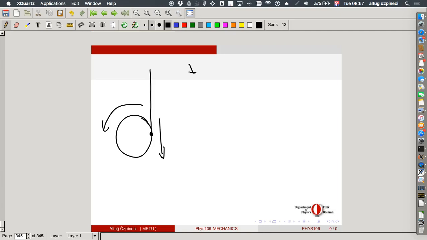Now let's say that the moment of inertia of the yo-yo around an axis passing through the center of mass is I center of mass. And in that case, if we call this point A, the moment of inertia around the axis passing through A, since at this instant it is rotating around that point, is I_A equal to the moment of inertia around the center of mass plus m times r squared.